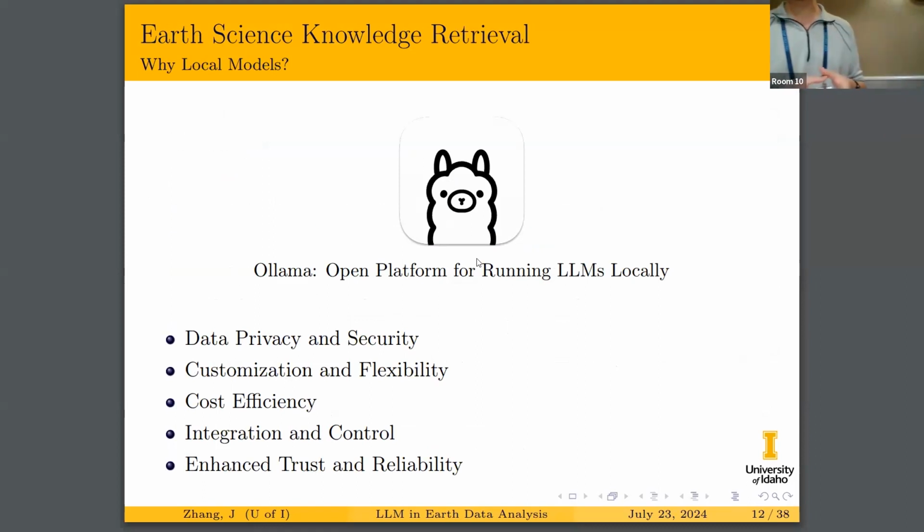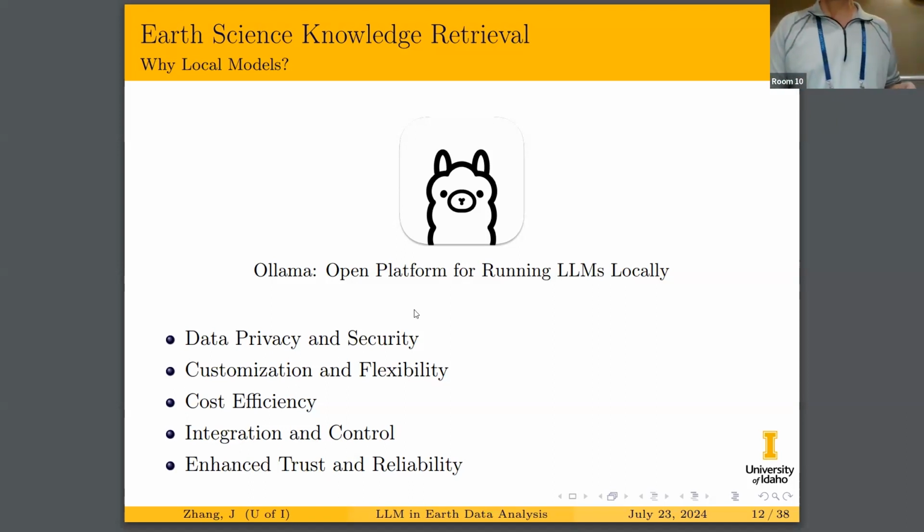We are running the large language model locally, which means you can run them on your laptop or some other more convenient personal device. The reason we are trying to do this is that online large language model services tend to have much better performance compared with open models, because they have a much larger size and many more parameters.